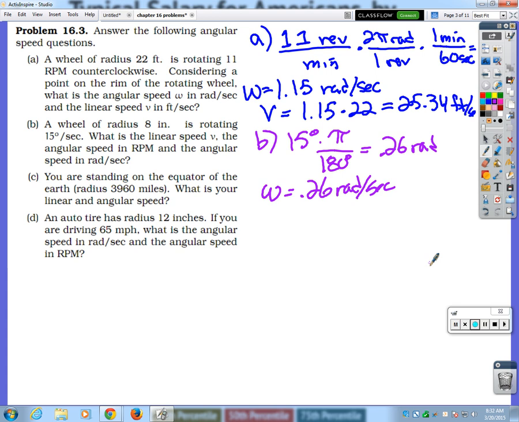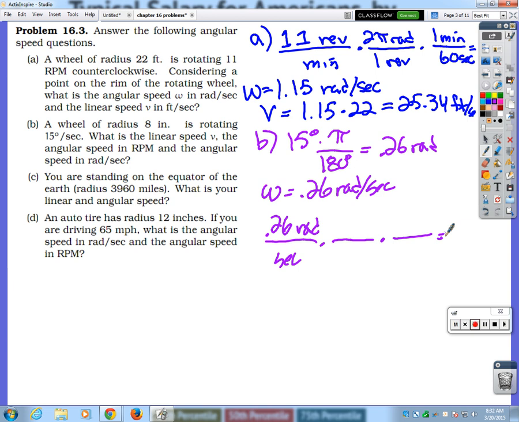I can take 0.26 radians per second and change that into revolutions per minute, by doing the opposite process of what we did for part A.